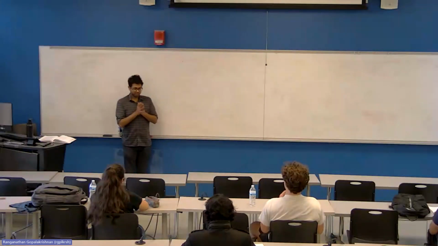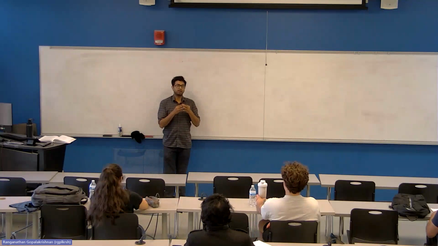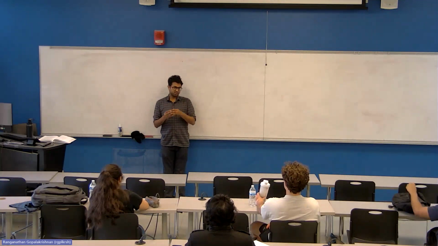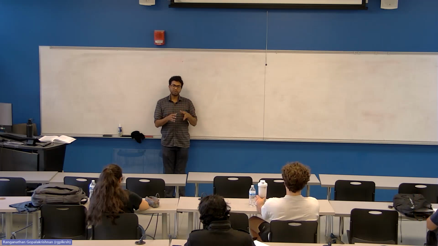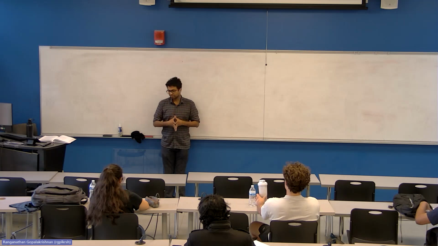So last two lectures, we discussed mass conservation and then momentum conservation, and we derived the form of the conservation law for mass and momentum in both material and spatial coordinates.